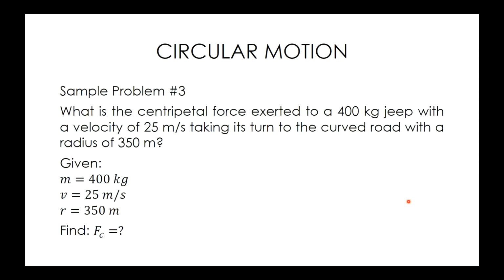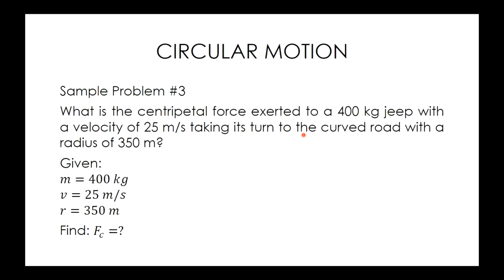Sample problem number 3. What is the centripetal force exerted to a 400 kilogram jeep with a velocity of 25 meters per second, taking its turn to the curved road with a radius of 350 meters? Ang given natin, merong mass yung jeep, 400 kilograms, and then ang velocity niya or yung bilis niya is 25 meters per second.